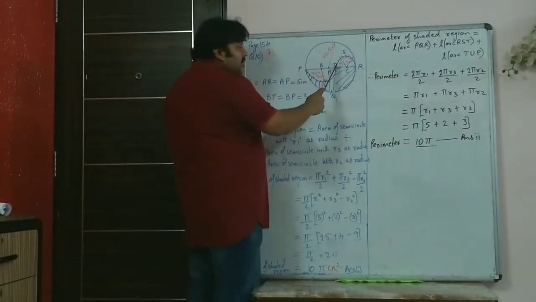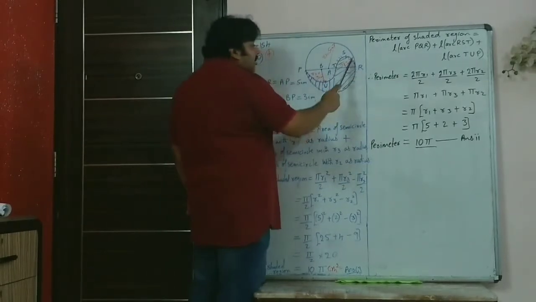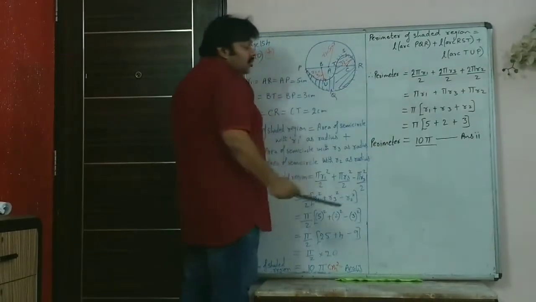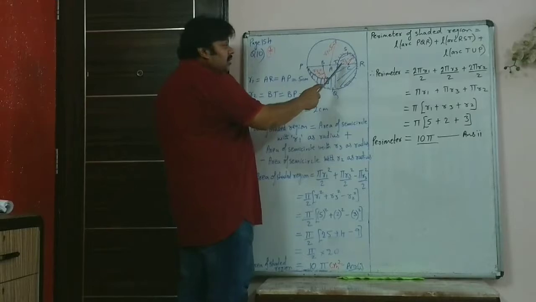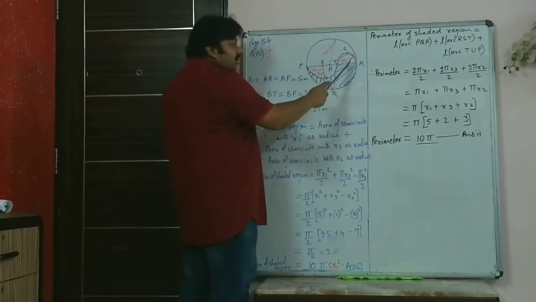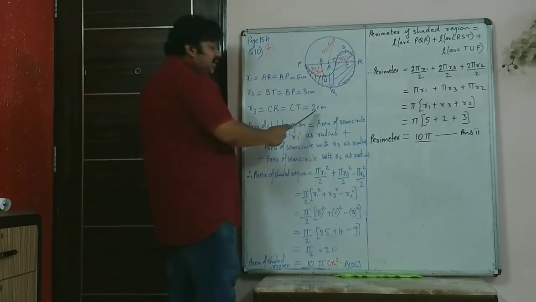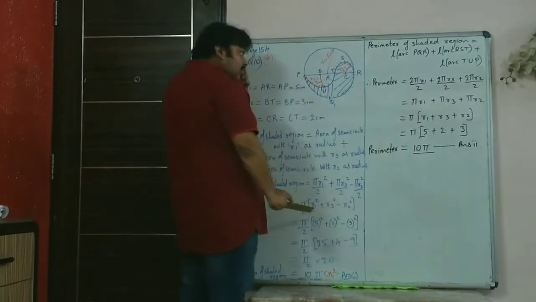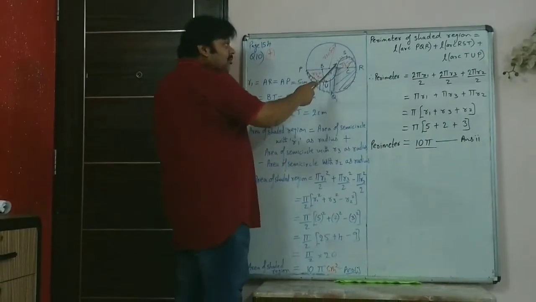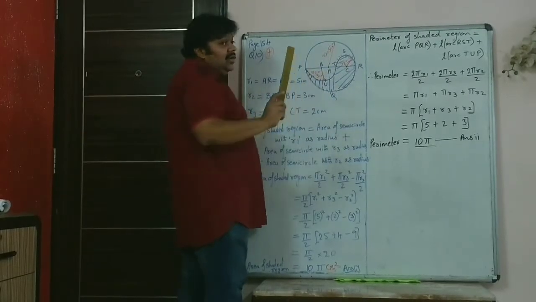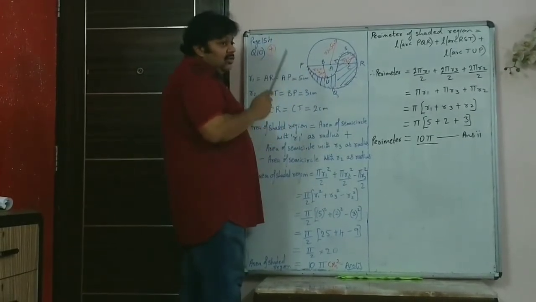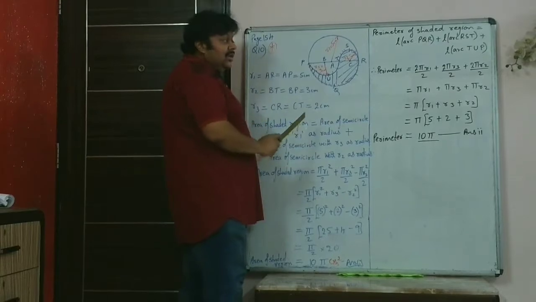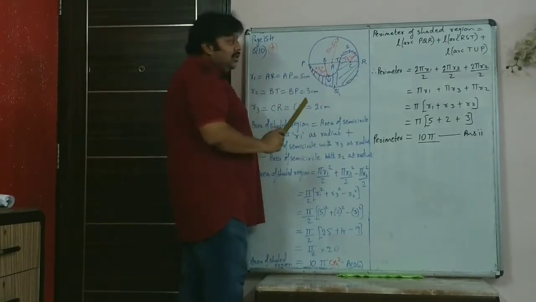Then this is 2 pi R3 upon 2. This is a semicircle in fact, with center C which has radius 2 centimeter. It is only the length of the arc, you are not going back, so you are not adding 2R.